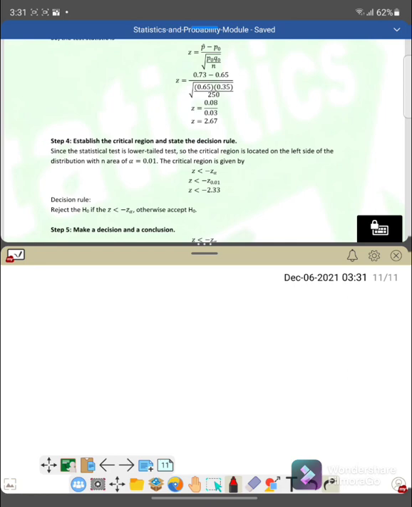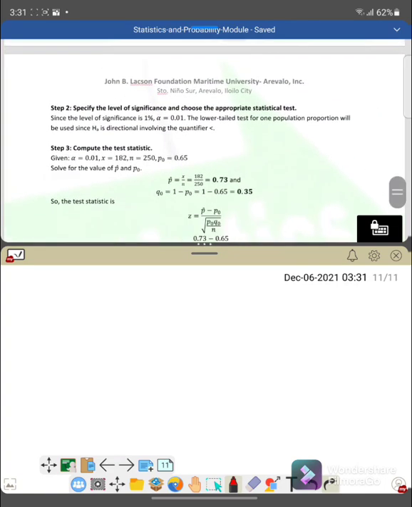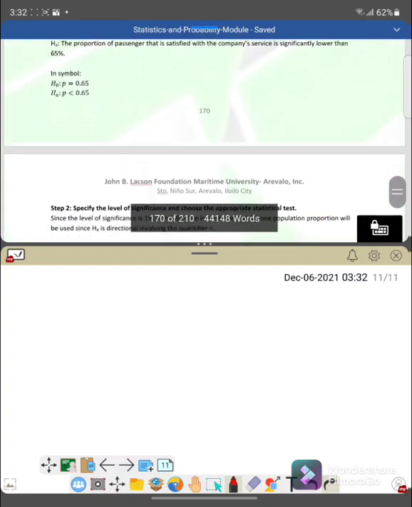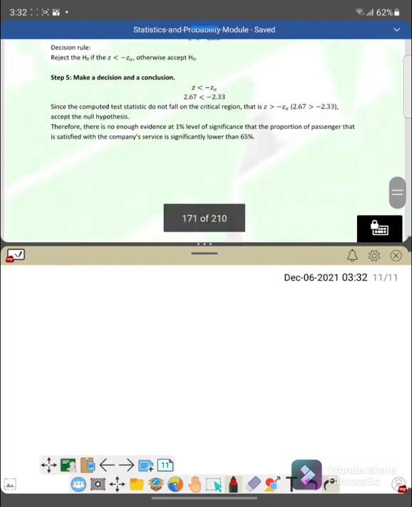Since the statistical test is a lower tail test, and z is equal to 2.67, the critical region is given by z less than negative z sub alpha. Again, this is a left-tailed test or lower-tailed test.